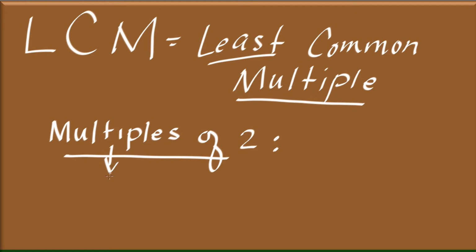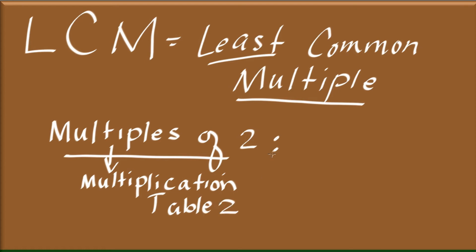Okay, think about these multiples as the multiplication table of 2. Right? So in the multiplication table of 2, we have 2 times 1 is 2. 2 times 2 is 4.